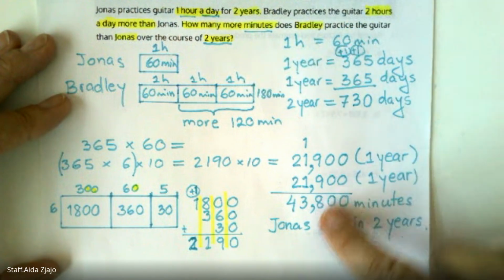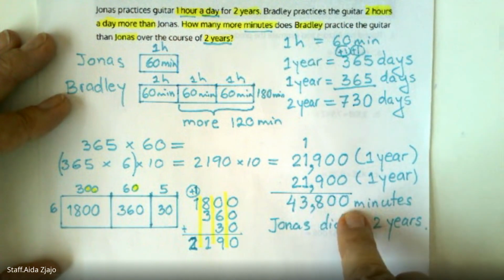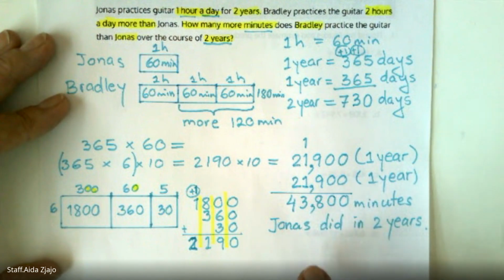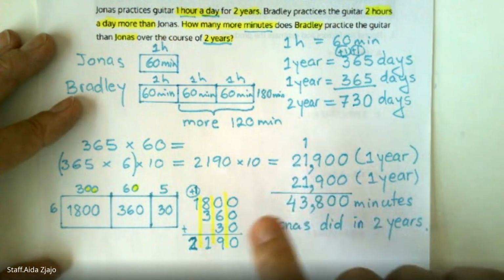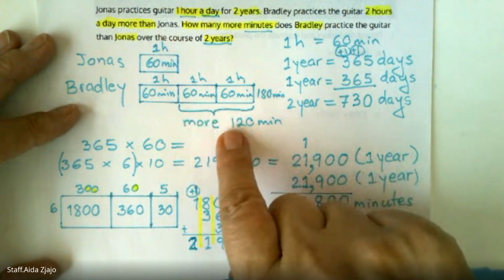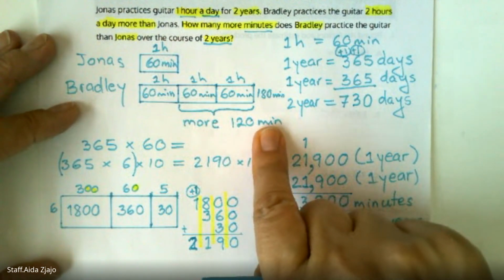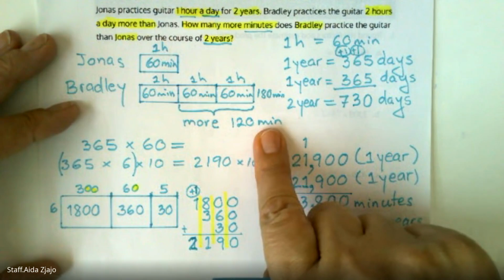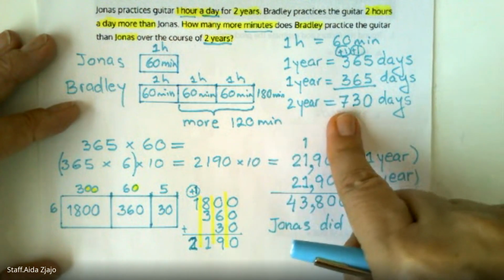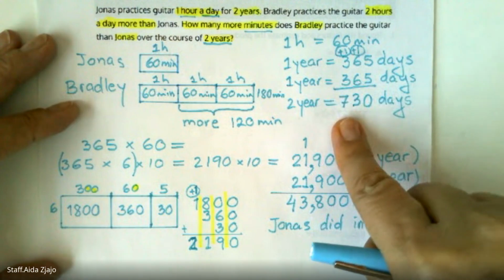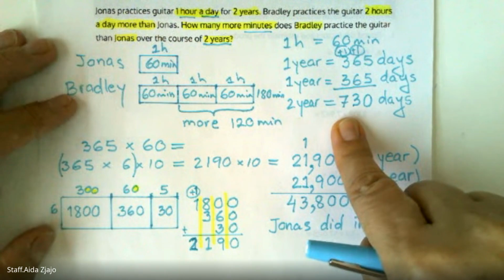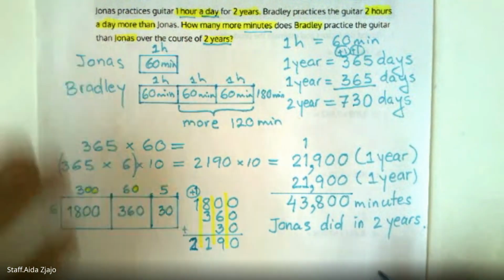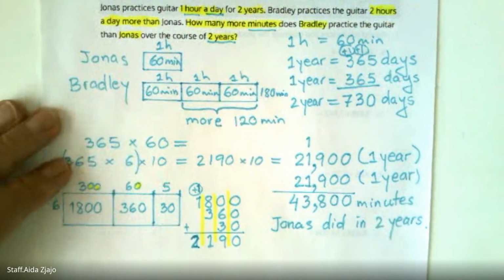Then you can subtract Jonas's minutes and you will see how many more Bradley did than Jonas. There is another approach. We know that Jonas did 120 minutes more. Then we can multiply 120 minutes times 730, and then we will get how many more minutes Bradley did than Jonas. So I hope that makes sense to you.